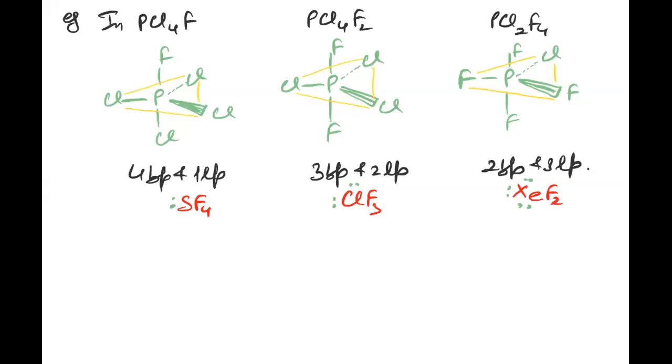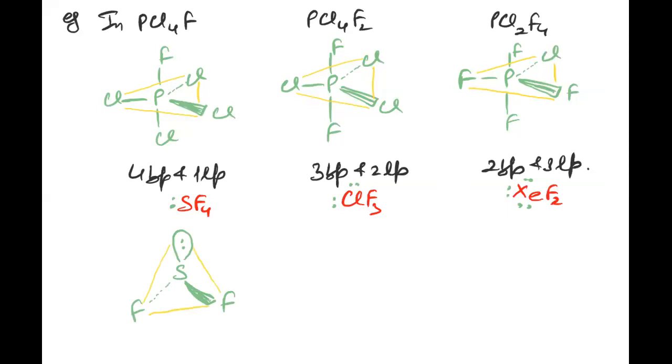So if you see the geometry of SF4, this is the geometry. This may be, let's say, sulfur as the central atom. This is the lone pair of electrons. This may be the fluorine going inside the surface of the board, and this fluorine coming outward. So it is nothing but that particular equatorial plane.